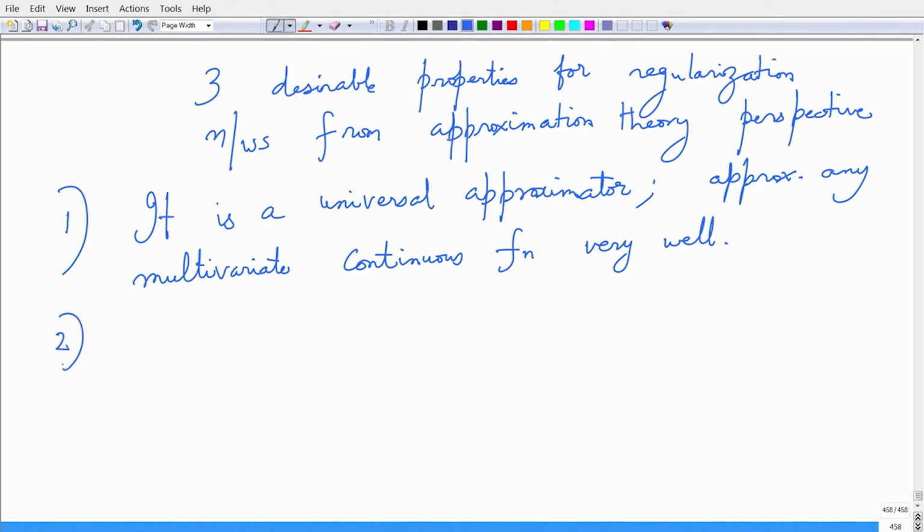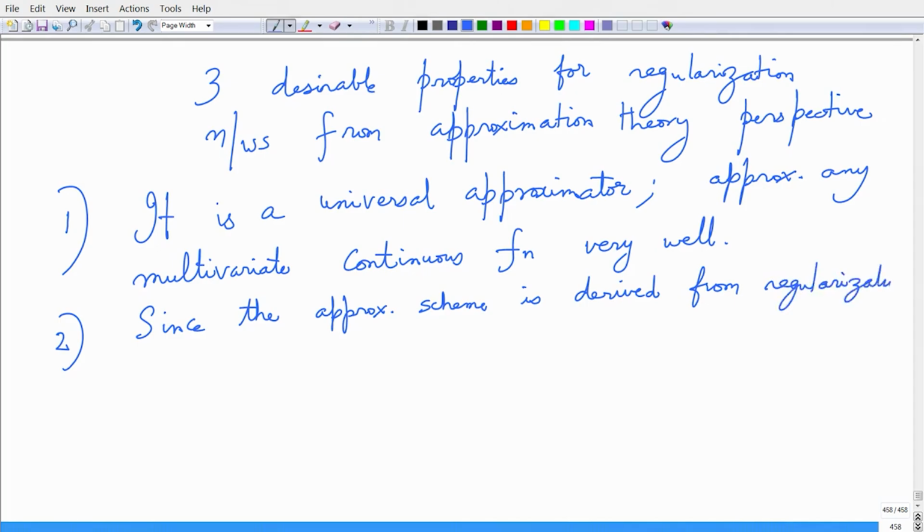Second, since the approximation scheme is derived from regularization theory and linear in the unknown coefficients, the unknown nonlinear function can always be approximated using an appropriate choice of coefficients.